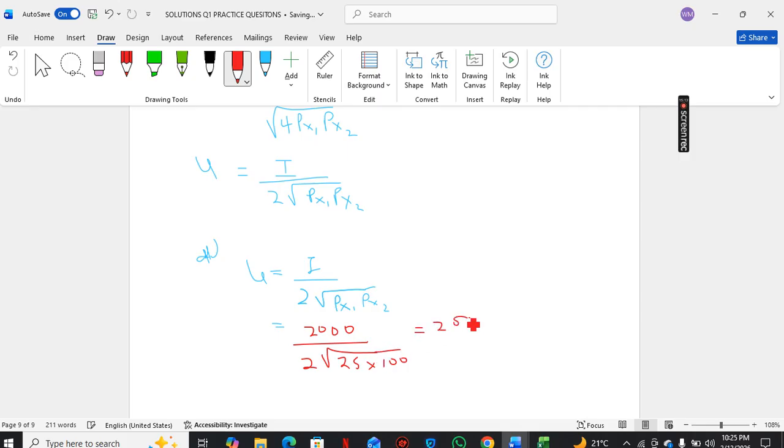So we have 2,000 over 2 times the square root of 2,500. The square root of 2,500 should be 50 if I'm not mistaken.